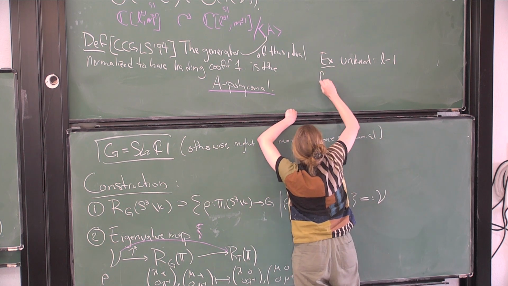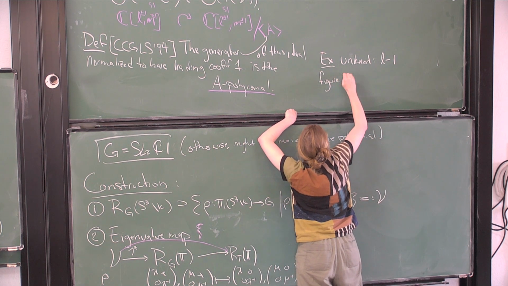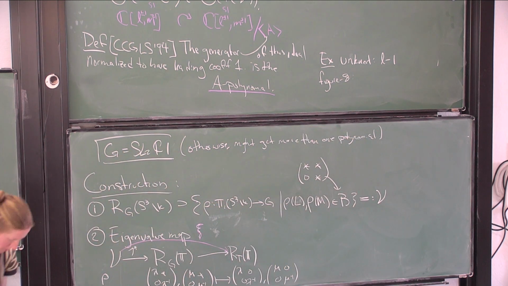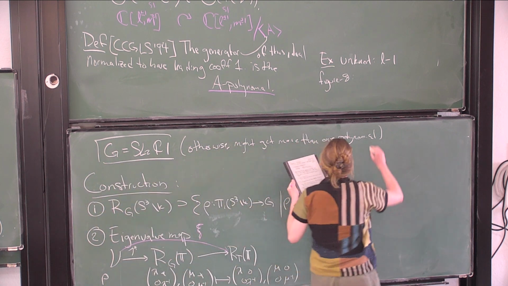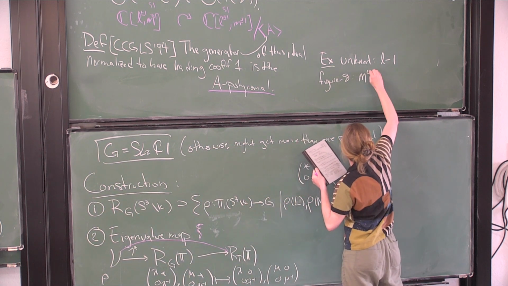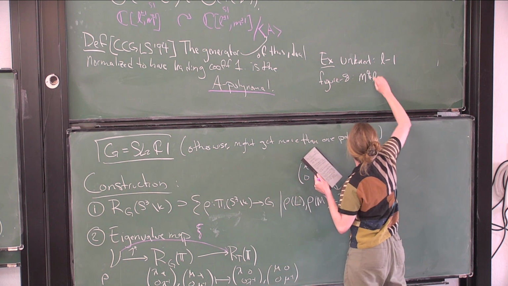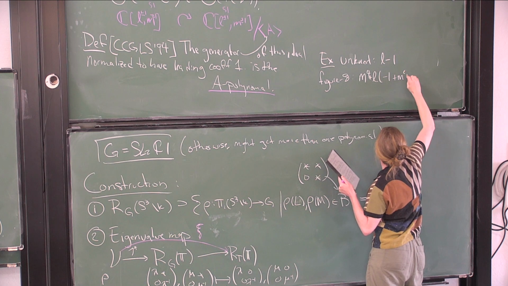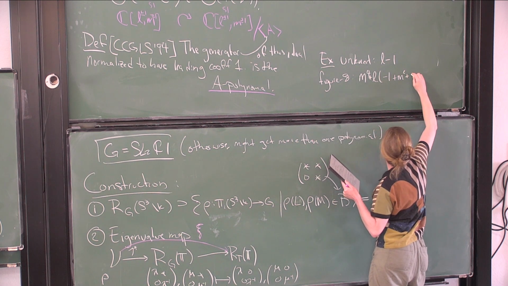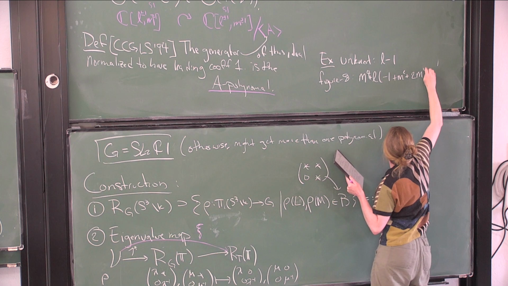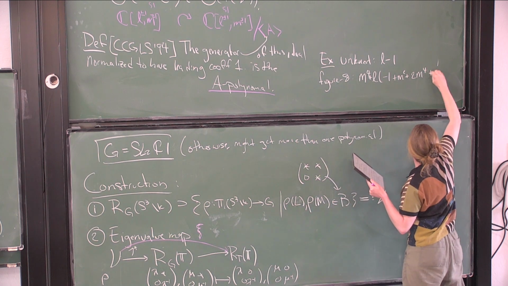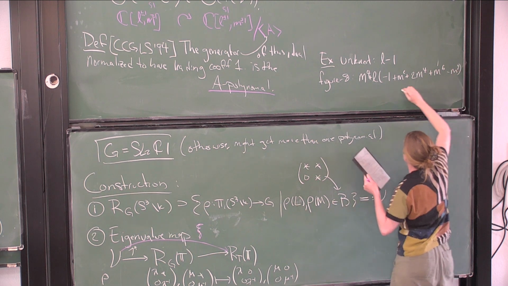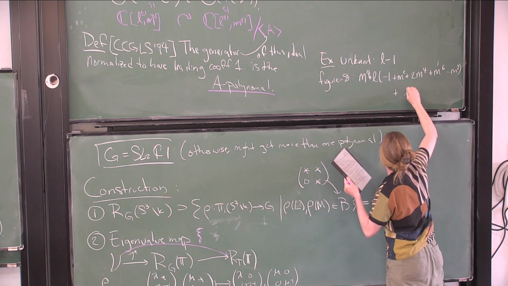And for the figure 8, this looks like an actual longer polynomial: M to the 4th plus L times (minus 1 plus M squared plus 2 M to the 4th plus M to the 6th), and then plus L squared.